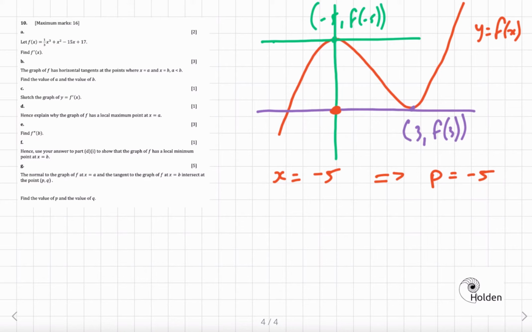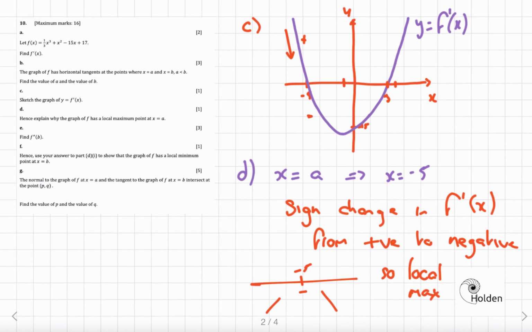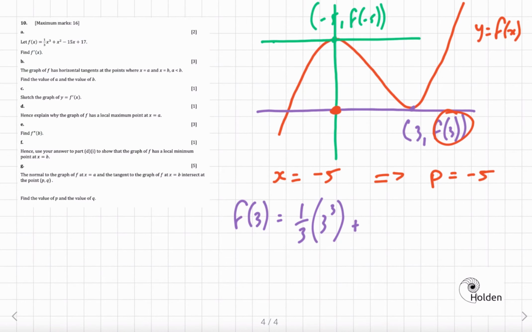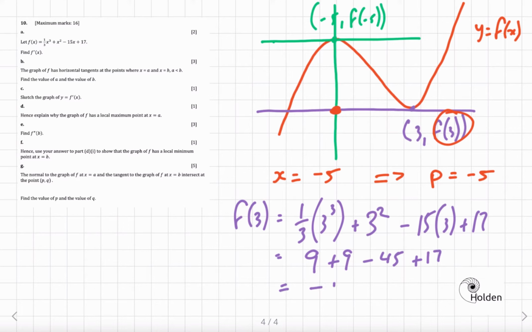And we also need to find this value. We need to know what f of 3 is. So f of 3, we're going to substitute this into our f of x. Just need to go back a bit. So x cubed over 3, sorry, it's here, isn't it? Minus 15 times 3 plus 17. 3 cubed is 27, divided by 3 is 9, add the 9, minus 45, add 17. 18 add 17 is 35, minus 45 is minus 10.